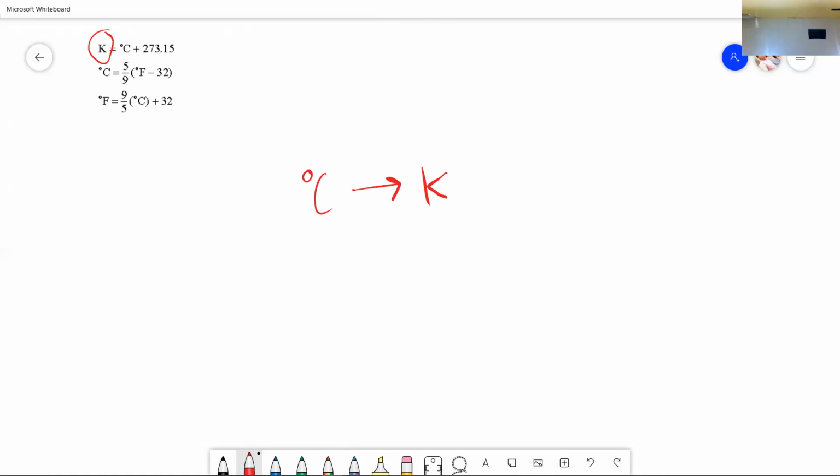To convert that, first you should know the value of the temperature. What if you're given 180 degrees Celsius? Convert this into Kelvin. So first write 180 degrees Celsius.